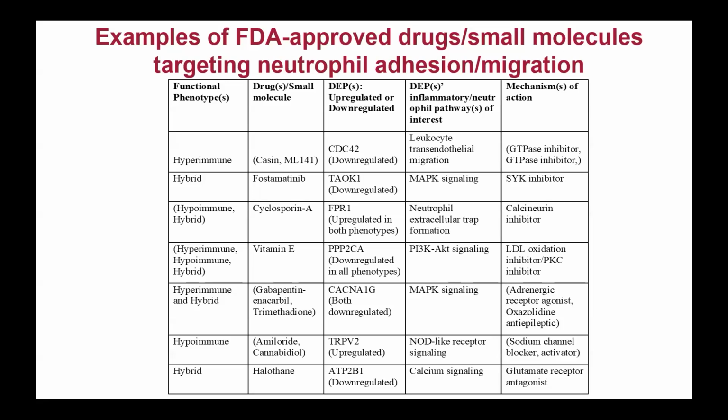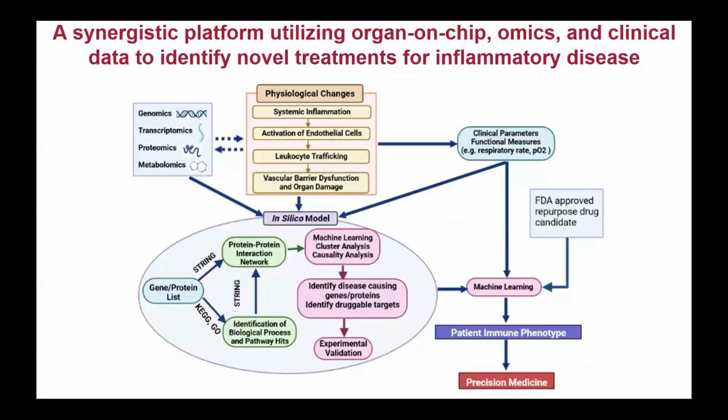So you can complete the circle, and this will give you more confidence before you go into animal or even directly into some clinical trials. And by the way, FDA now in the US at least allows the use of this type of data from microfluidic system instead of animal models. So you don't have to have all animal model data. You could use this type of data as justification for clinical trials.